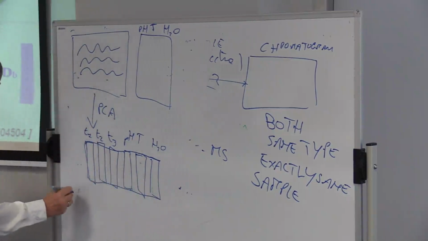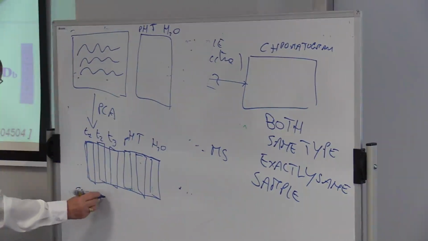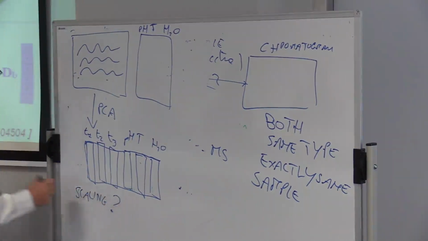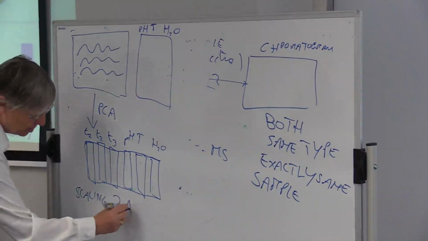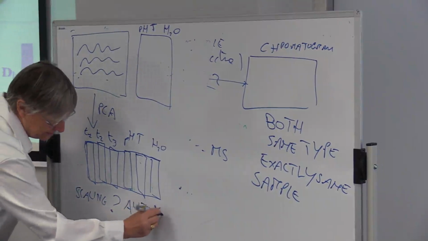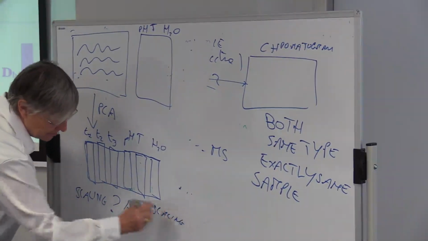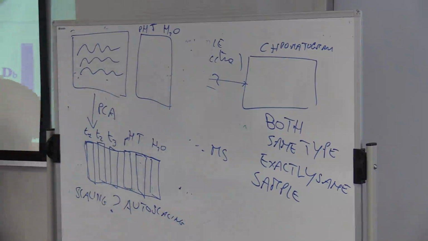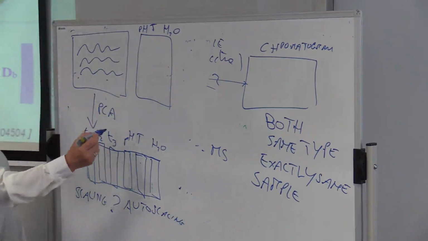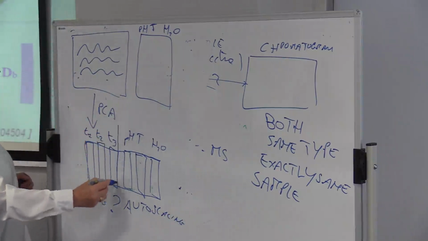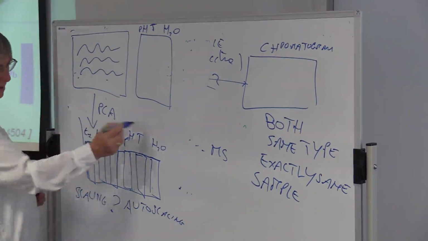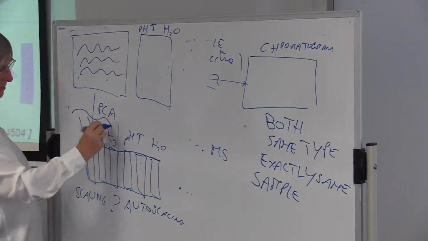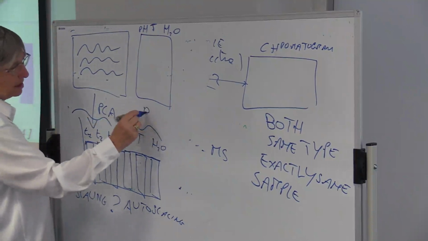Then, of course, you have to decide scaling. In this case, the most sensible will probably be autoscaling. You may also decide that you want this part to contribute to the model as this part, and this is called block scaling.